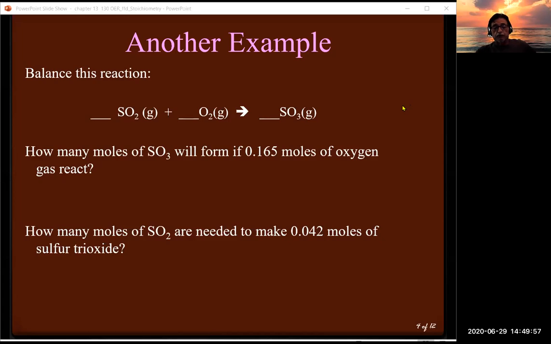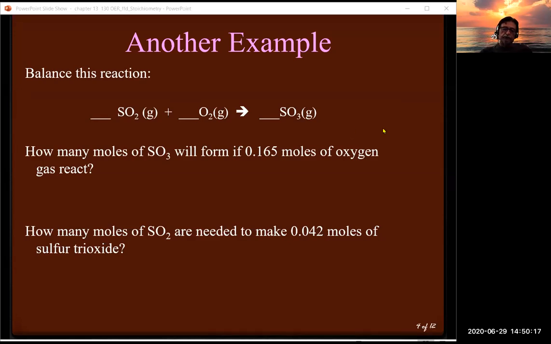Right, let's balance this equation. We've got sulfur dioxide and oxygen. All right, so we look at this and we say, sulfurs look okay. We're balanced. Oxygens, we have a total of 4 on the left-hand side, reactants, and 3 on the right-hand side.